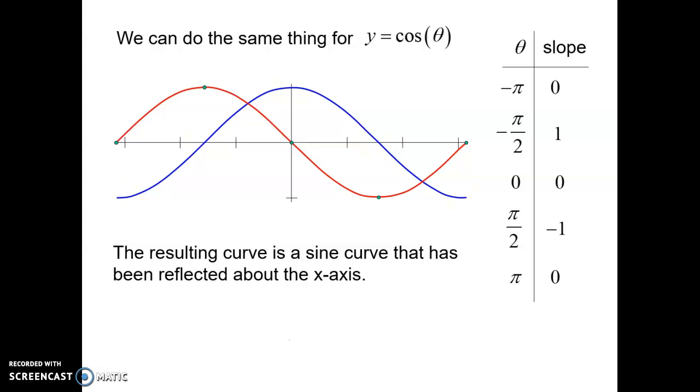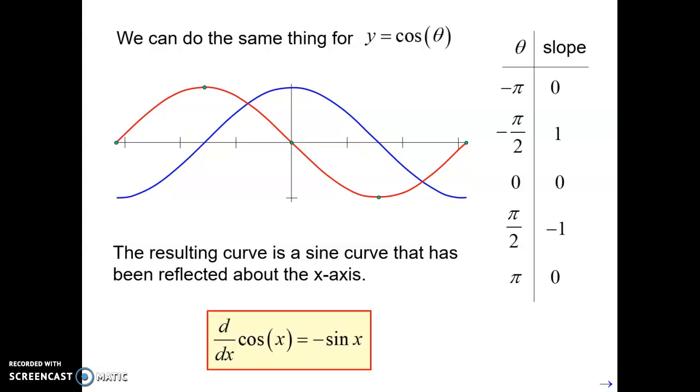So our next rule comes from that. Again, Leibniz and Newton used the limit definition of the derivative to prove that this is true for every cosine curve. So the derivative of cosine is equal to the negative of the sine of x. So it is the negative sine of x.